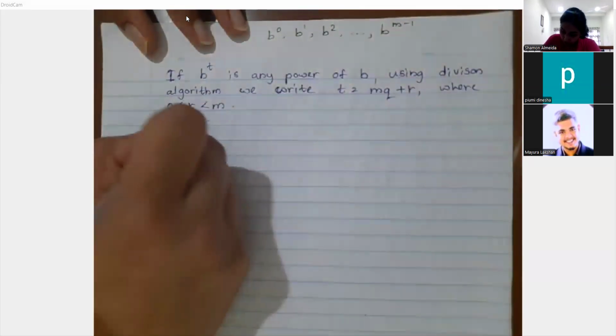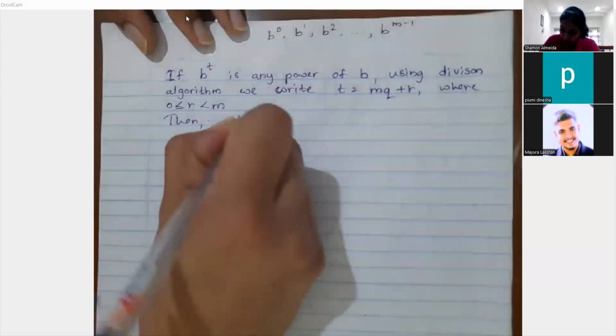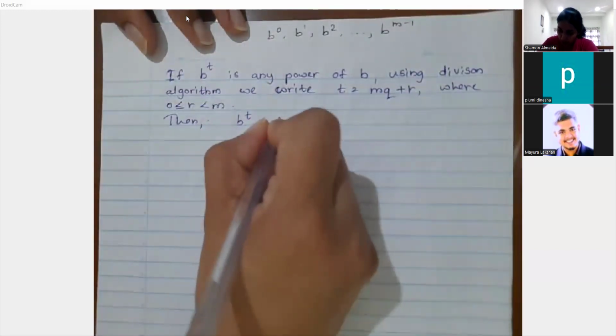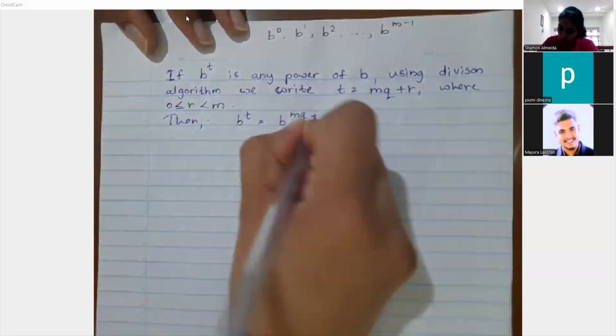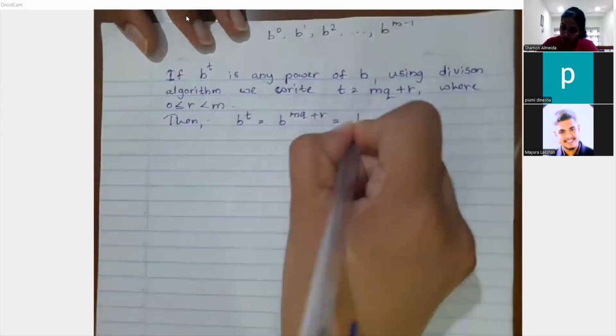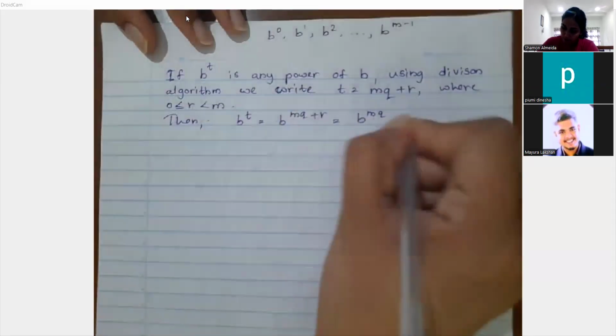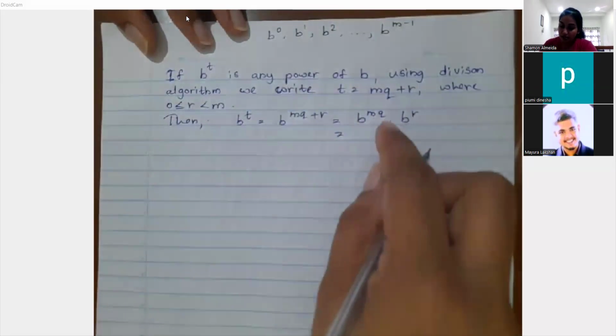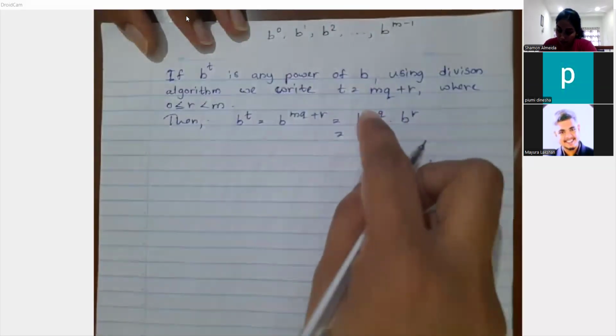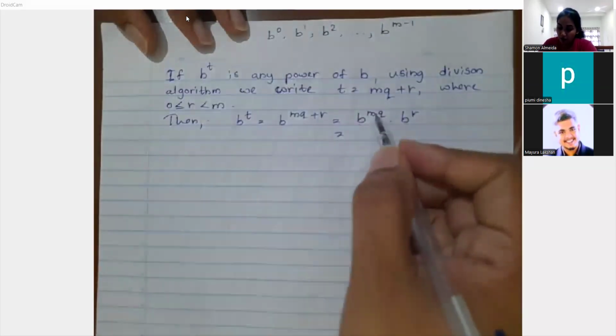So then we have B to the power of t written as B to the power of mq plus r, which simplifies to, because the order of B is m, we have B to the power of m to be the identity.